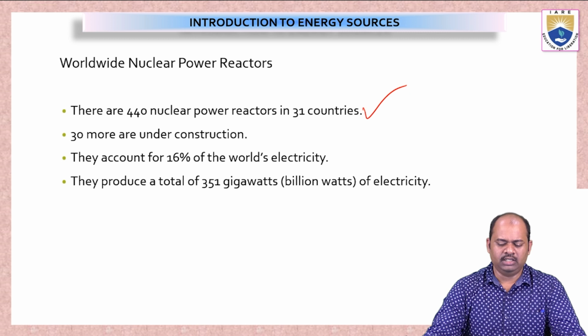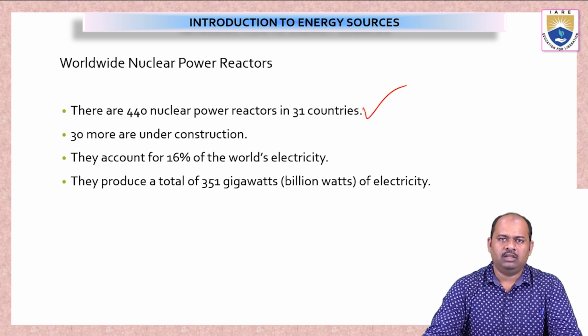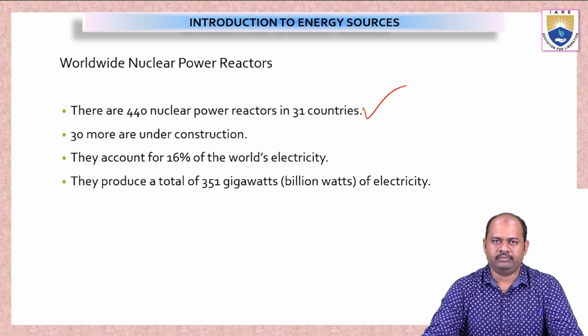Because this nuclear energy is developed by using some kind of radioactive elements, when these radioactive elements are reacted in the correct chain reactions, they will form an enormous amount of energy or heat. This heat can be used to generate electricity.